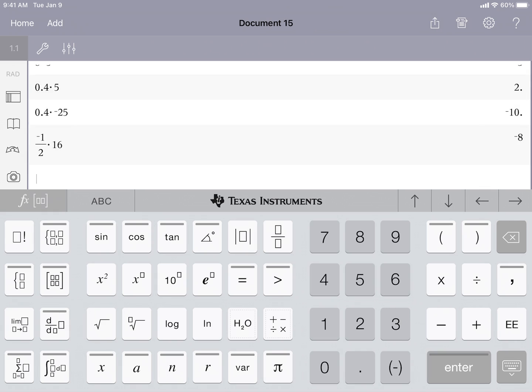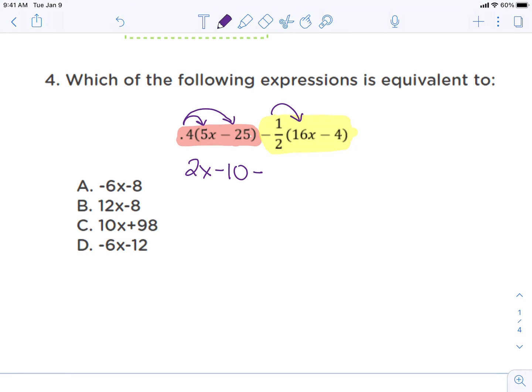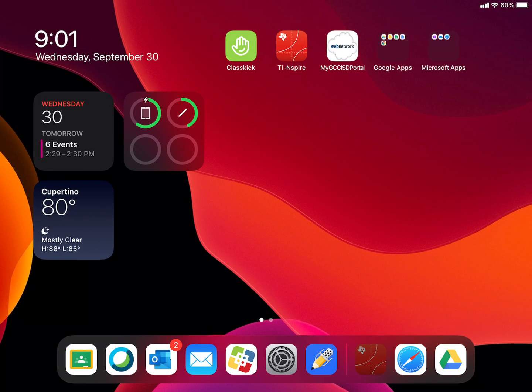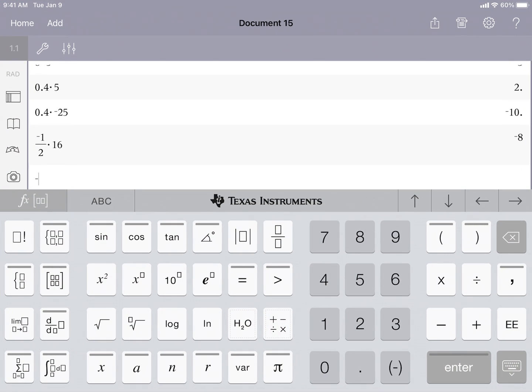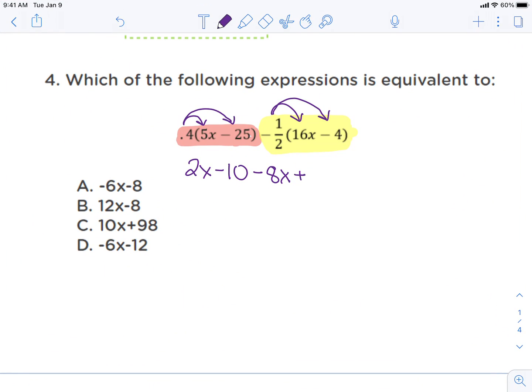We get a negative 8, and then we have the x with it. And then a negative 1/2 times a negative 4. Remember, 2 negatives make a positive, so our answer should end up positive, but we can use the calculator to make sure. So a negative 1/2 times a negative 4, we get a positive 2.